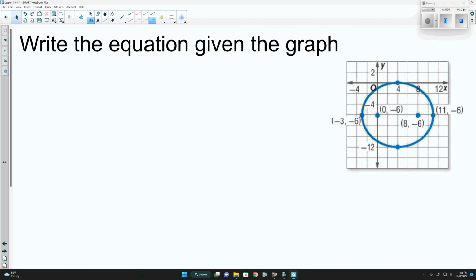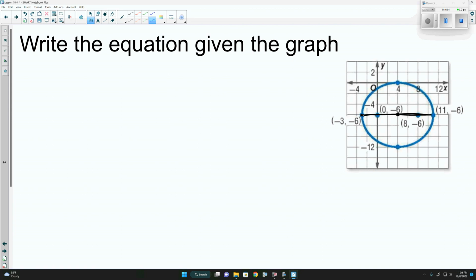Okay. Now we can see here they gave us the two foci and the two vertices, because the only points that are significant inside the ellipse are the foci. So the center is always going to be in the dead center of the vertices and the foci.